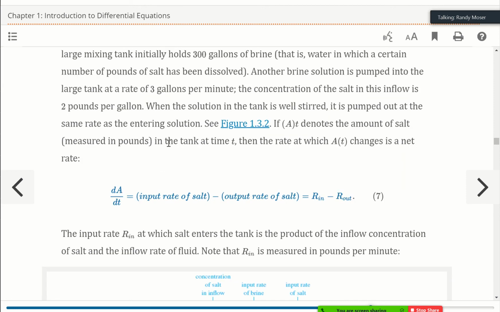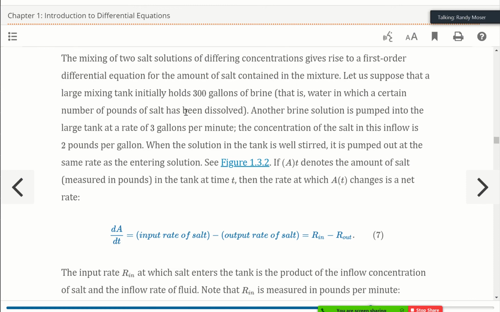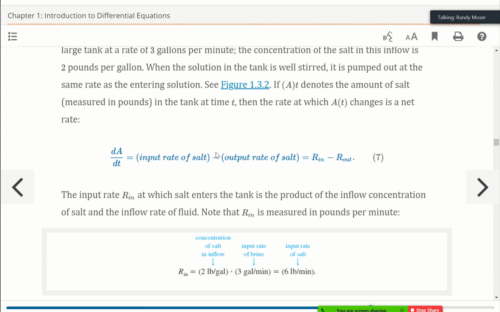So we have this tank that already has 300 gallons in it with a certain concentration of brine. We pump some stuff in, we stir it up, and then we're going to pump it out at the same rate. What we want to do is model the amount of salt in the tank at time t. So what is the rate of change of the amount of salt with respect to time?